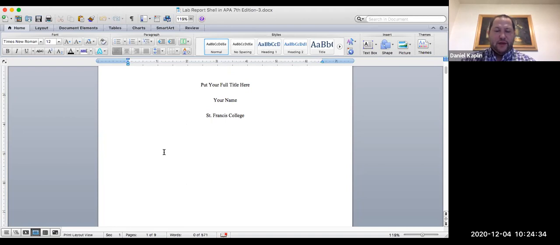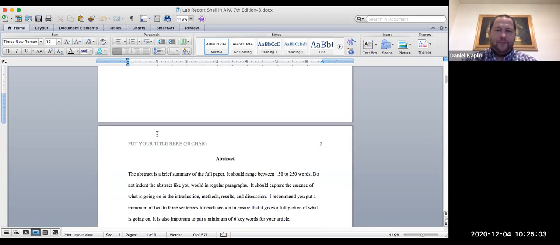Otherwise, if the names are not in alphabetical order, the reader would assume that the first author contributed more to this publication than the second author, and then the second author contributed more than the third author, and so forth. So it's very important, if your group members contributed equally, to put your names in alphabetical order.